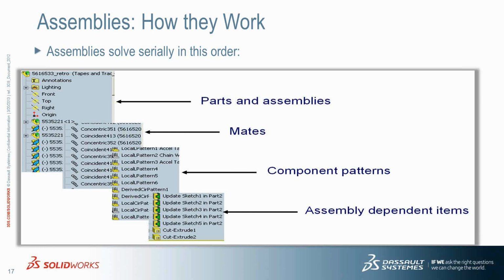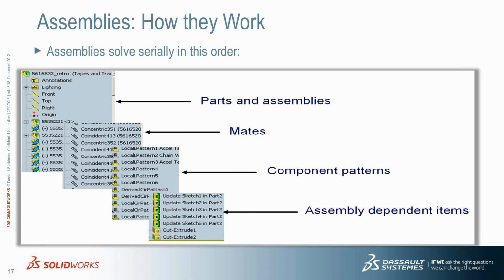Now think of this scenario. Let's say you've mated to a component pattern. Well, now we rebuild the assembly. It rebuilds the part. It rebuilds the mate. It rebuilds the pattern. Because it rebuilds the pattern, it may trigger the mate to rebuild again. Well, guess what?